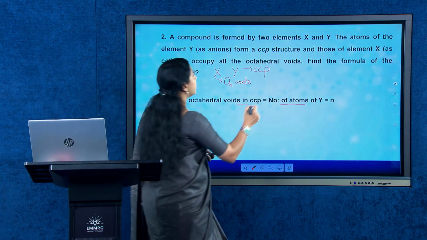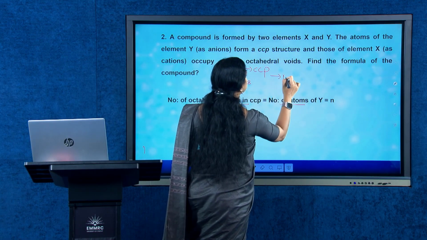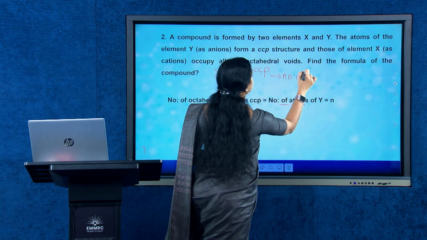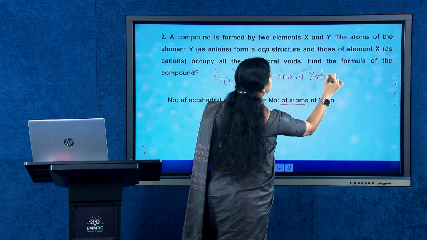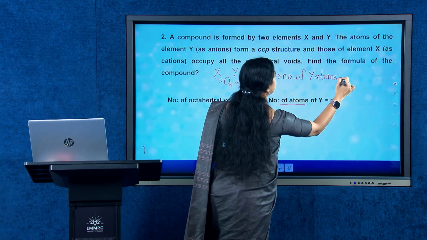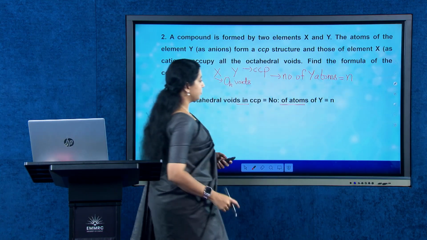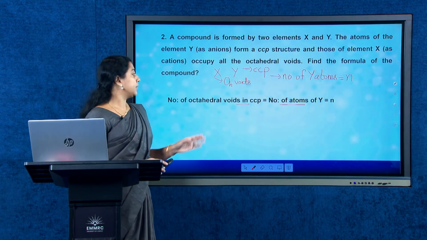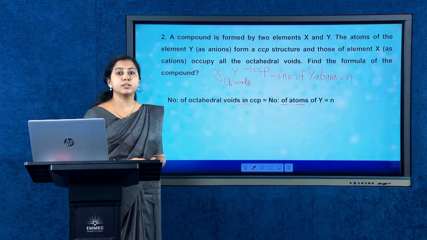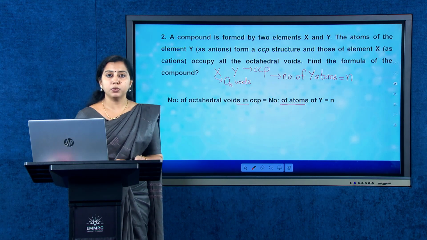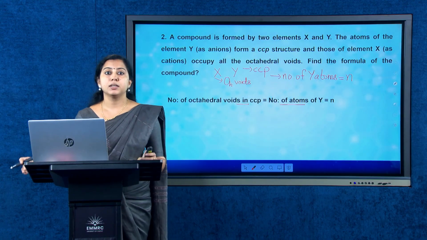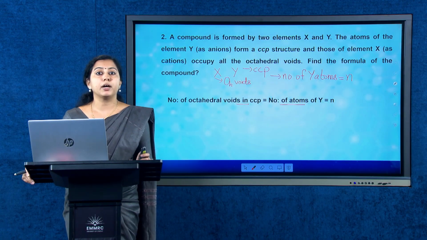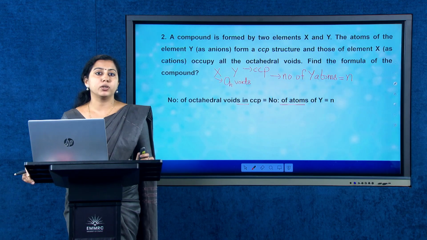So, if the number of Y atoms is equal to n, the number of octahedral voids will also be equal to n. Further, it is given in the question that the atom X occupies all the octahedral voids.